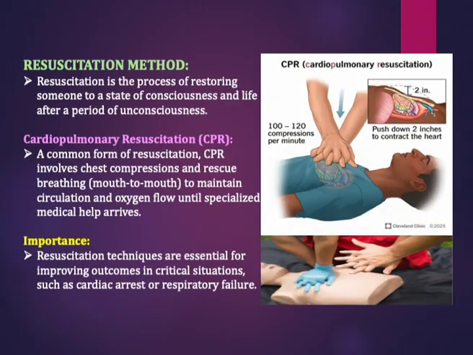We also have a method called CPR, cardiopulmonary resuscitation, which helps in bringing back an individual who is in an unconscious condition. The importance of CPR is that it helps in improving the rate of saving lives whenever there is a danger of cardiac arrest or respiratory failure.